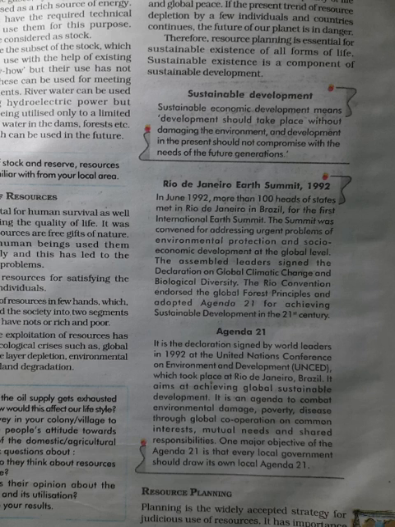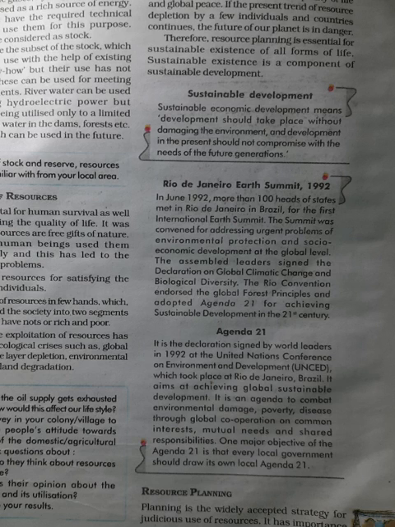We should also think about our future generations and other creatures who are dependent on these resources. We human beings are not the only ones dependent on these resources; there are other creatures, animals, and plants who are also dependent on them. Therefore, resource planning is essential for the sustainable existence of all forms of life.